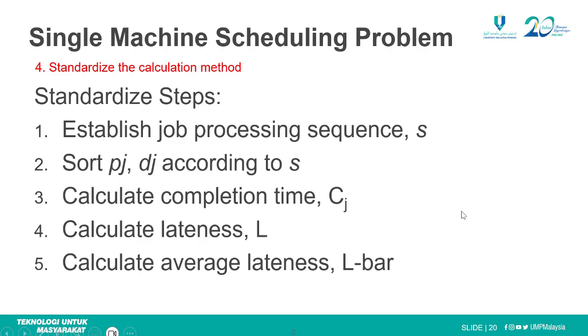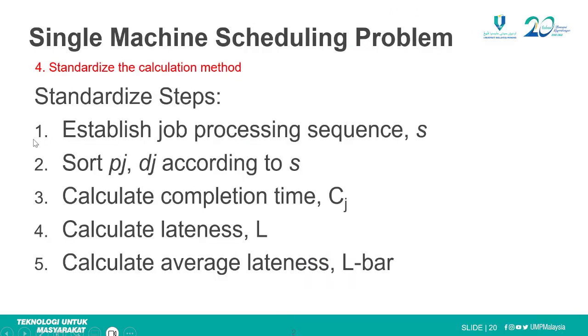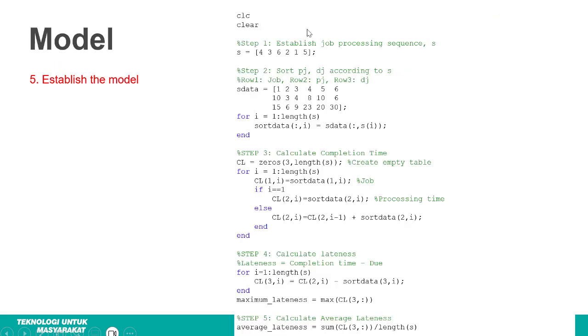Then number 5, the next step is to establish the model. So we code the steps that have been identified earlier in a programming platform. For example, in this one, we are utilizing MATLAB.